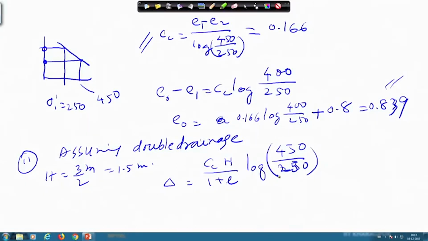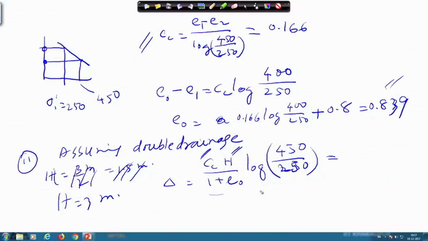Okay. So, all values can be put here. H cannot be this, H will be the full thickness, H equal to 3 meter, and Cc into H by 1 plus e naught is to be used.